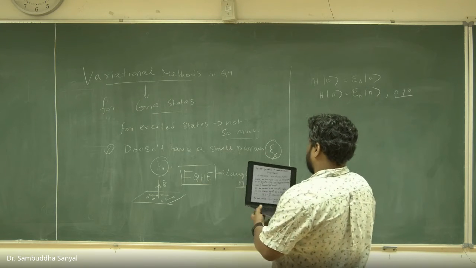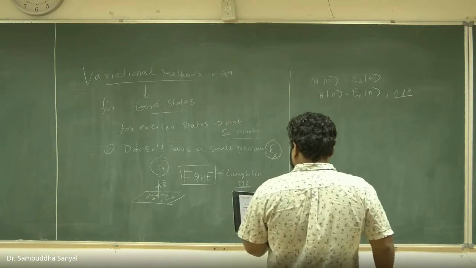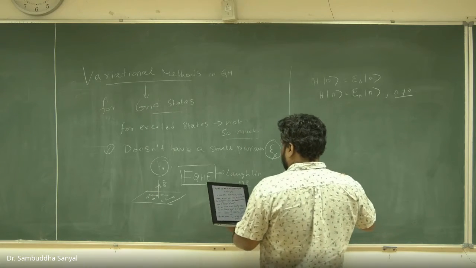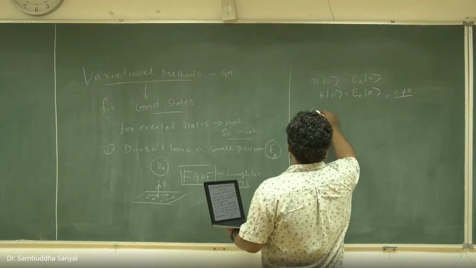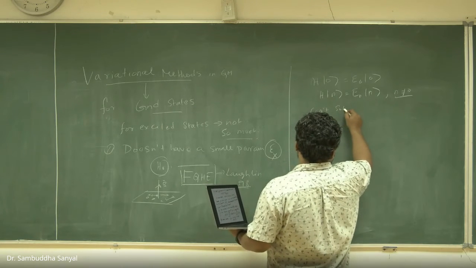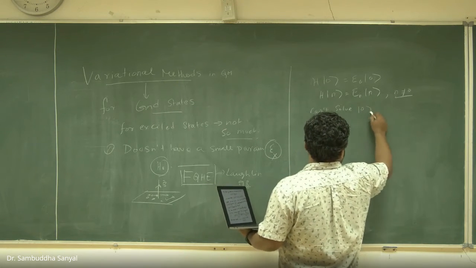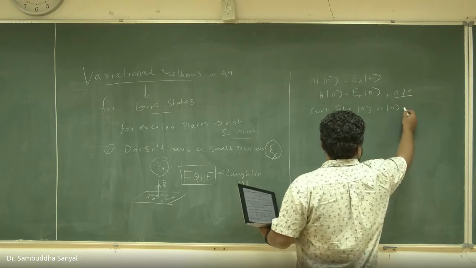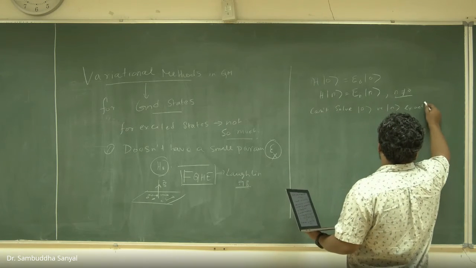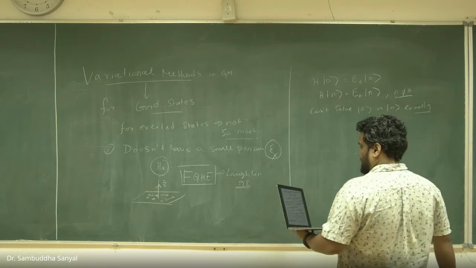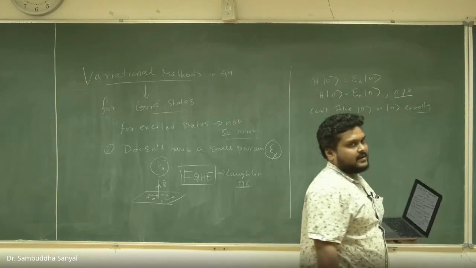This is just a generic structure of a problem. And let's say we somehow cannot solve H0 or H exactly. Notice that this could sometimes be a requirement even for perturbation theory.